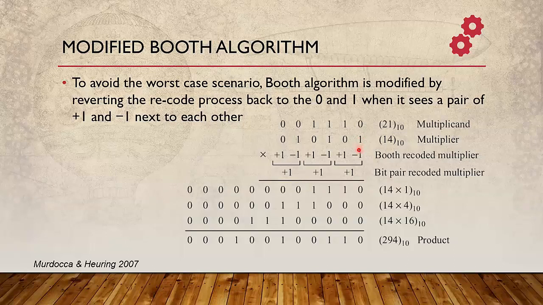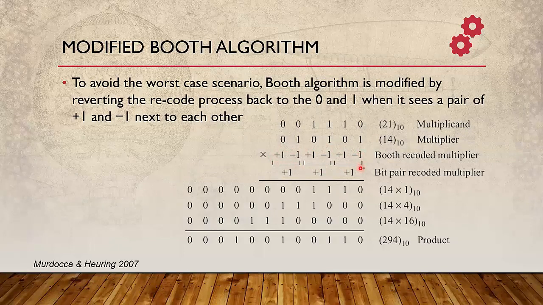It's like we revert to the original serial multiplication. So when we see a positive 1 here, actually we are looking at this 1. So we add the multiplicand aligned with that 1. And so on. Basically, they are all alternating negative 1 and positive 1 in this case.